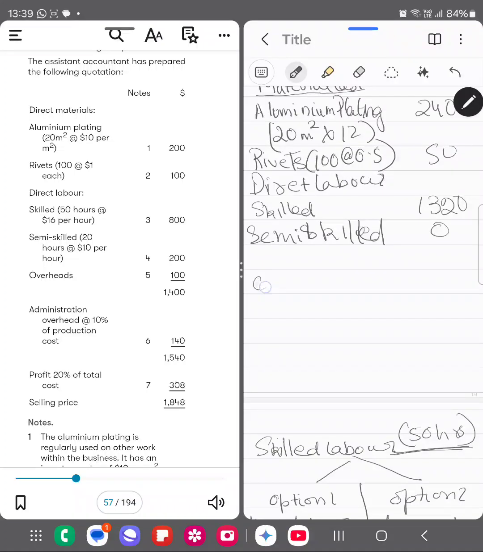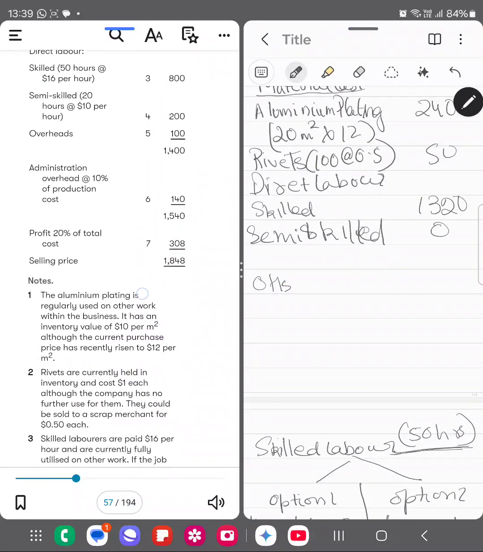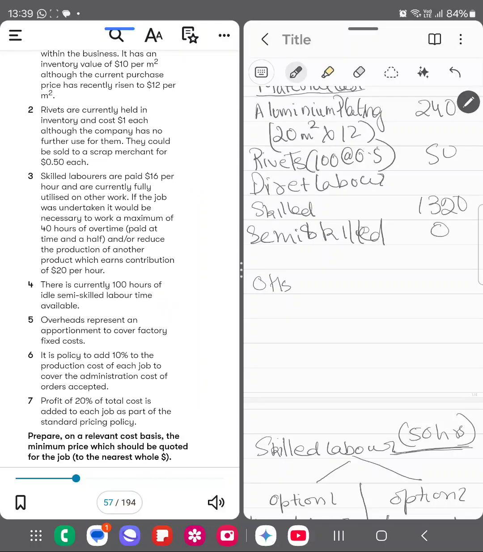Now let's talk about overheads. For overheads, they have given note number 5. Overheads represent an apportionment to cover the factory fixed costs. So factory fixed costs are not covered under the relevant cost concept.